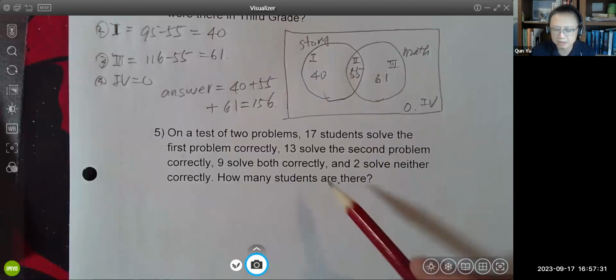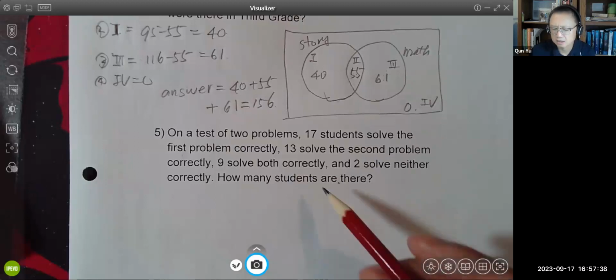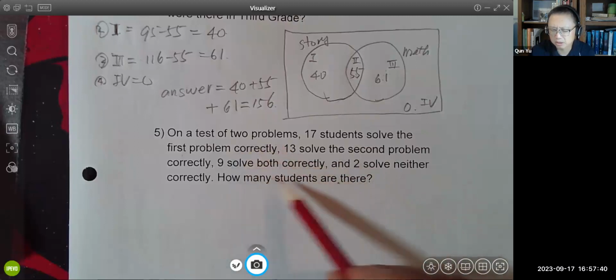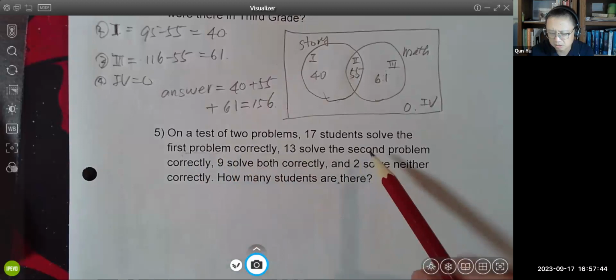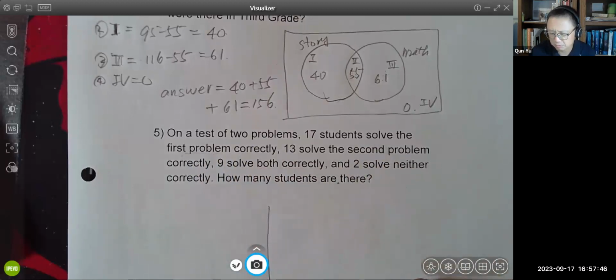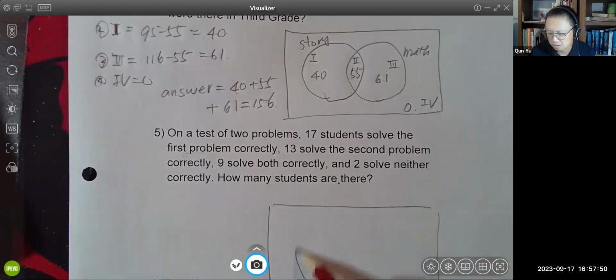That's why we need to identify how many sets or circles you need in the Venn diagram. What splits the total number of students into different groups is those two problems. So we have two problems. That's why we have two circles.